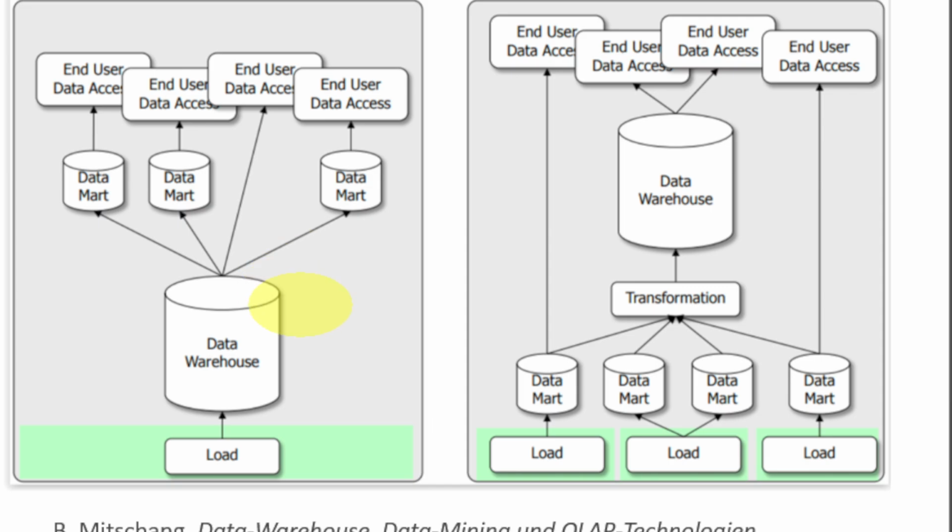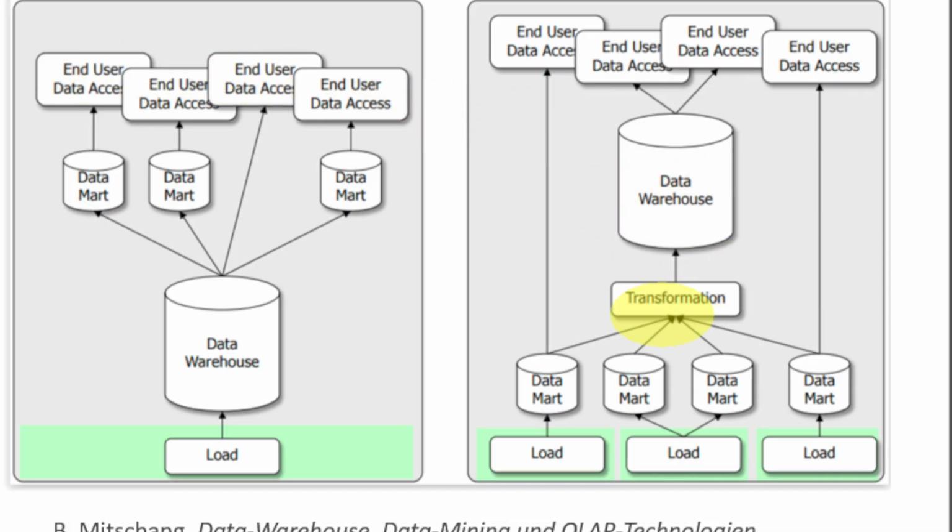Now, what do we mean by dependent versus independent data mart? So we have two data marts over here. In this one, we are getting a load into one data warehouse and that's going to the data mart and then to the end user.